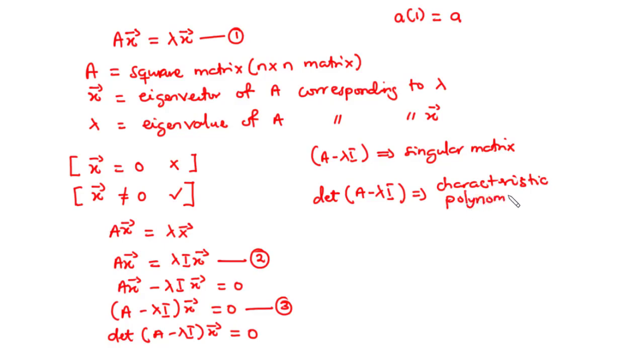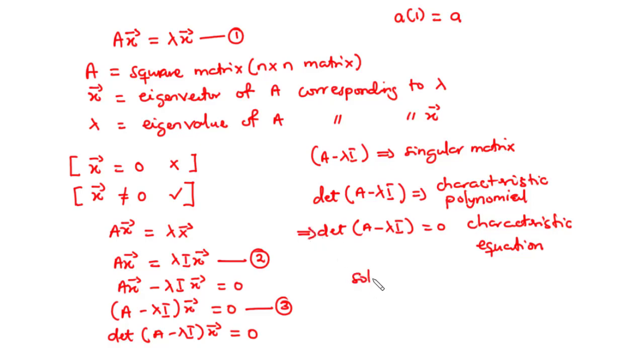And the equation formed when the determinant of A minus lambda I equals 0 is called the characteristic equation, and the solutions to this equation are called the eigenvalues.